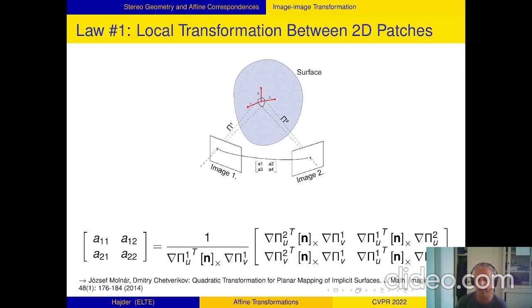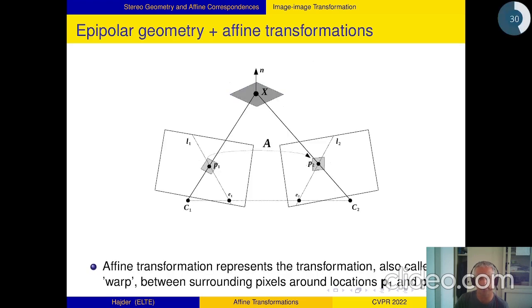And the gradient of the projective functions means that in these functions, both the image locations and the camera parameters are contained. Okay, so if we want to compute the gradient of general projective functions, in that case both the image locations and the camera parameters should be taken, and several algebraic manipulations should be done.